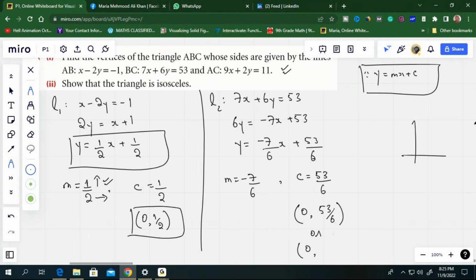Okay, so 53 upon 6, it gives you what? 6 eights are 48 point 50. Again, 8.8 something. Is this what we are getting here? 8.8 something, if I'm not wrong. You can confirm from your calculator what exactly the point is.